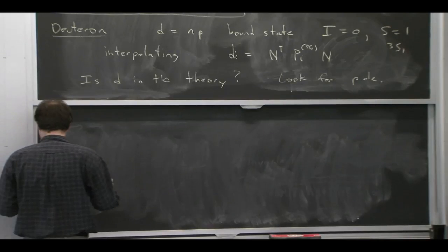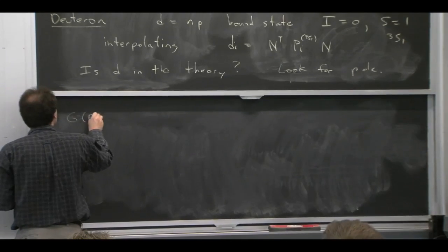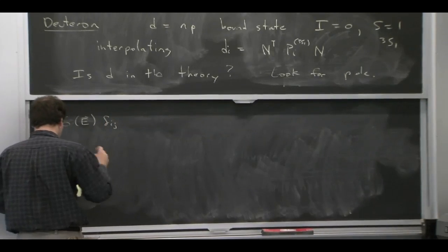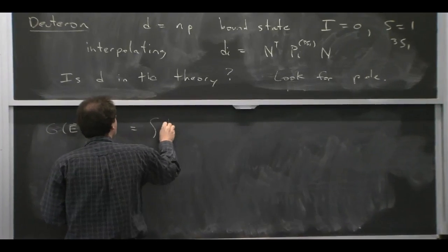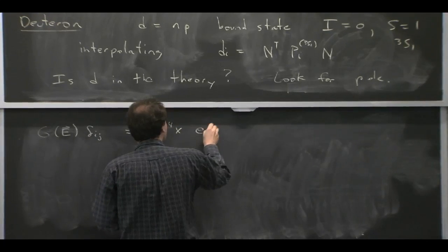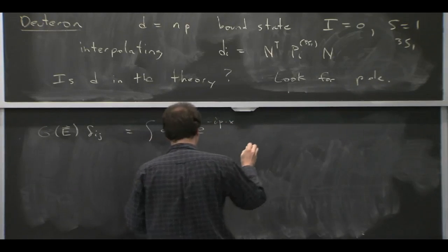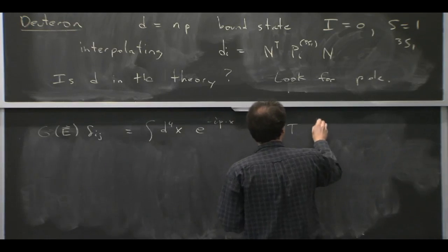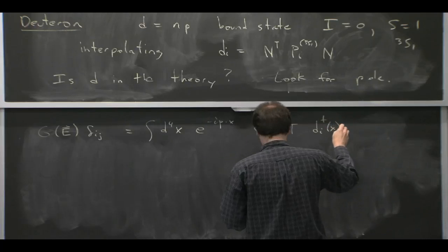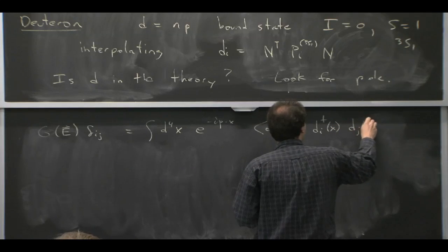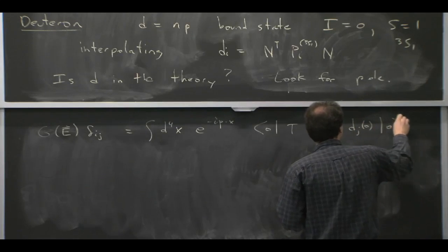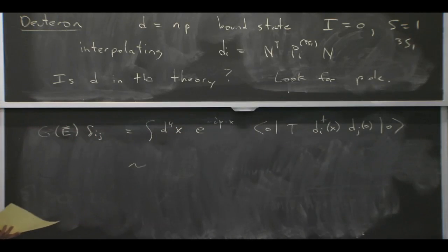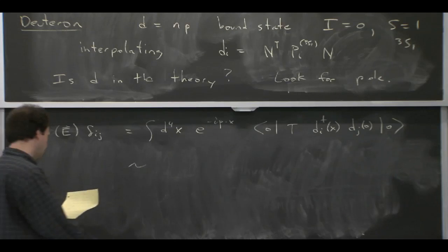So let's do that. I'll write down a Green's function for the two-particle state, which is just the time ordered product of two of these interpolating fields. And then ask the question, if I look at that time ordered product, is there a pole that would correspond to this state?